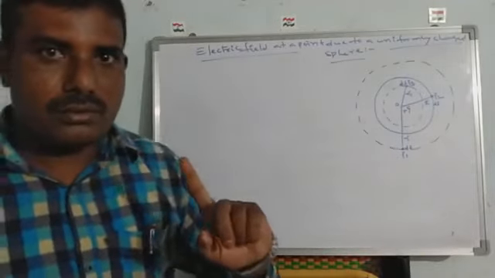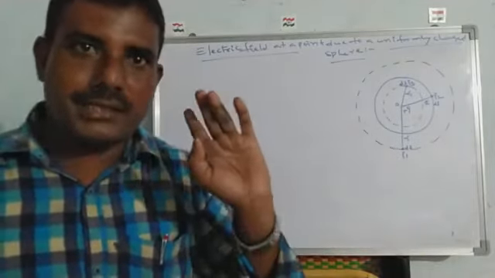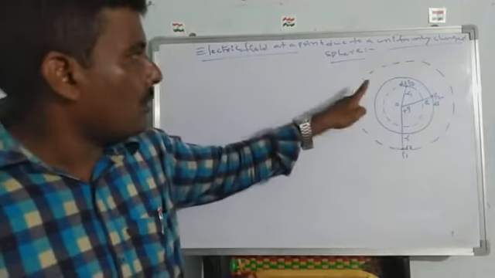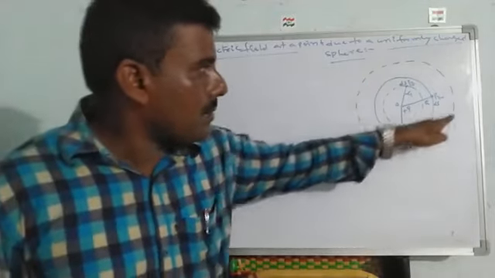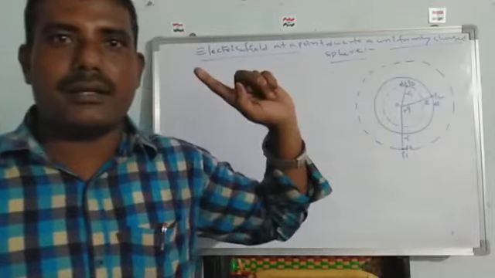Now we imagine a Gaussian surface outside the sphere.